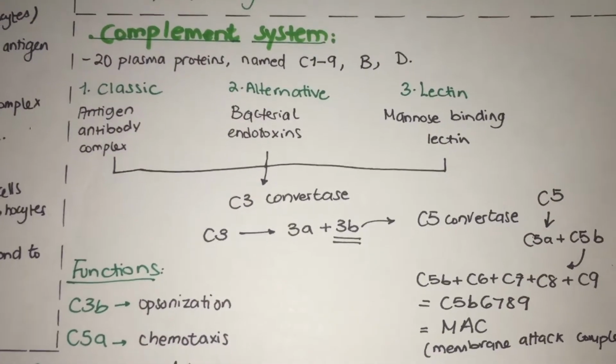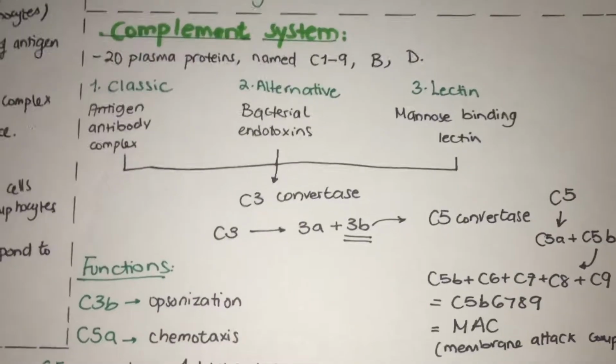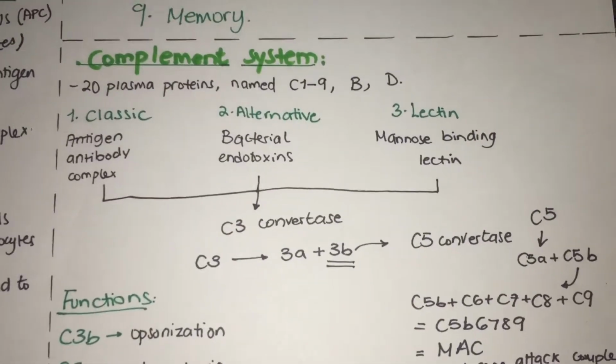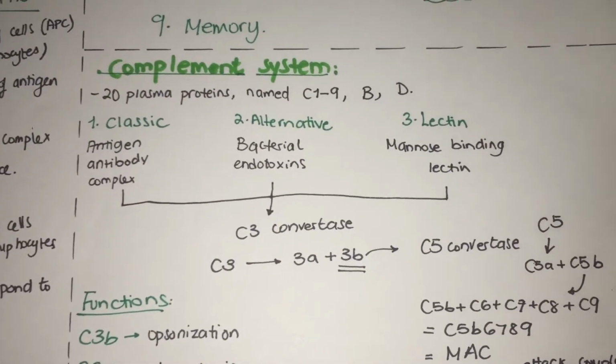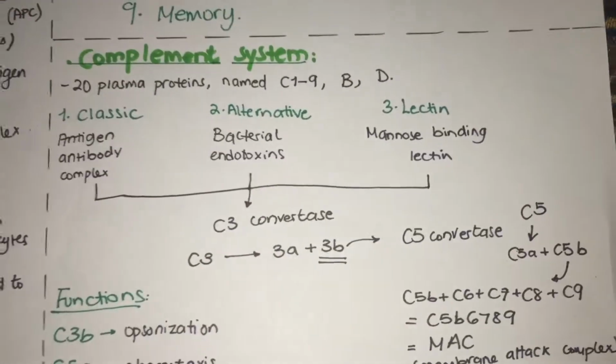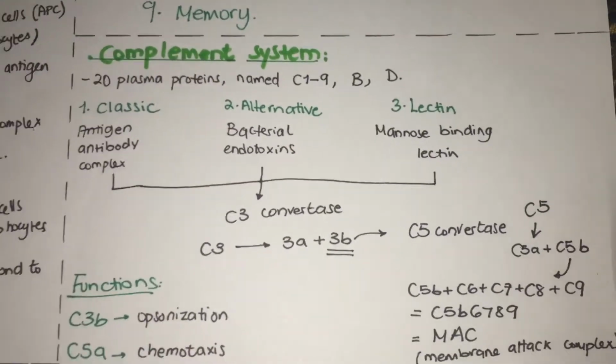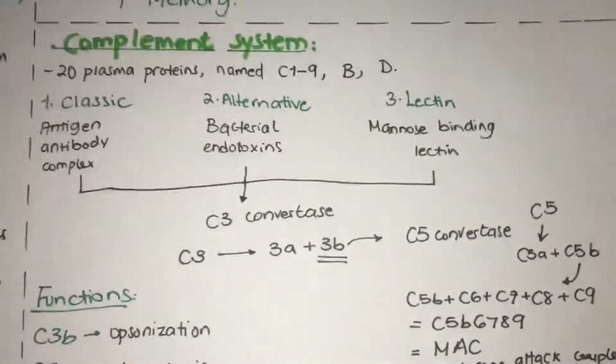So what happens is that we stimulate or activate one of the complements. Whenever you activate a complement, it changes from the number to an A and a B. So for example, if we have a C3, we change it to a C3A and C3B.